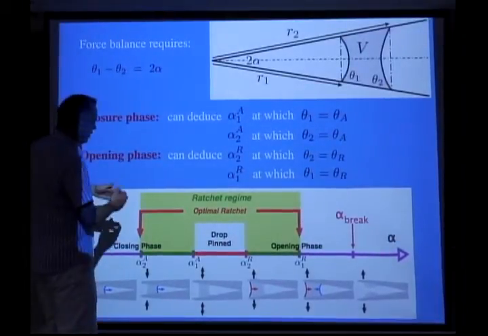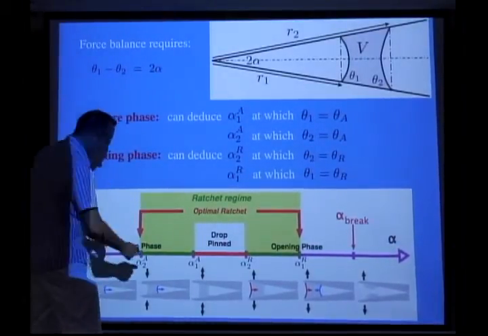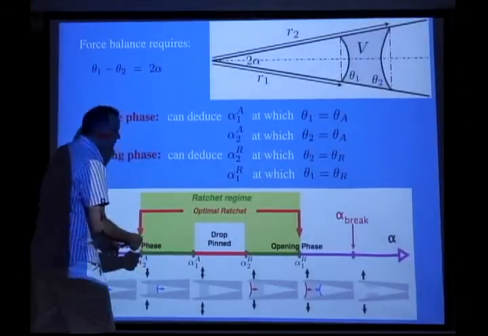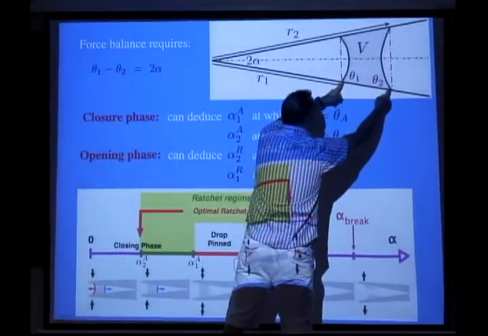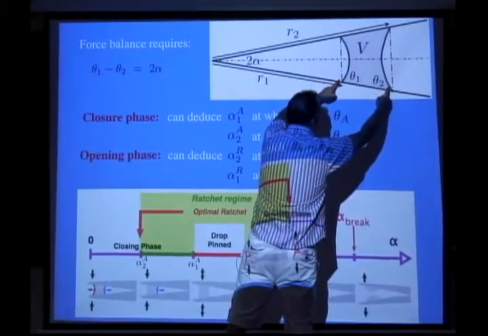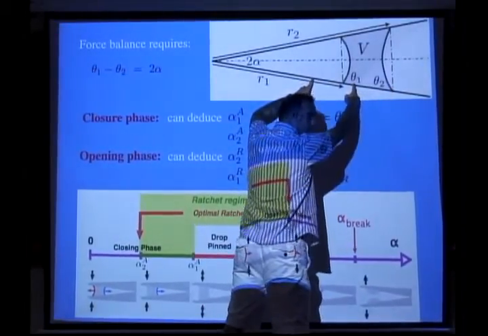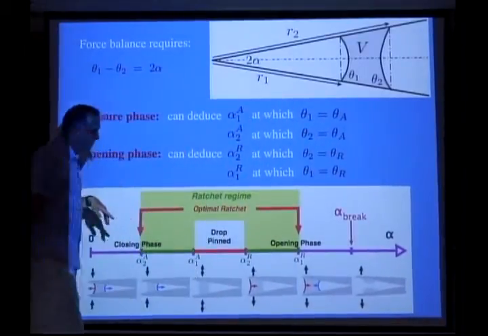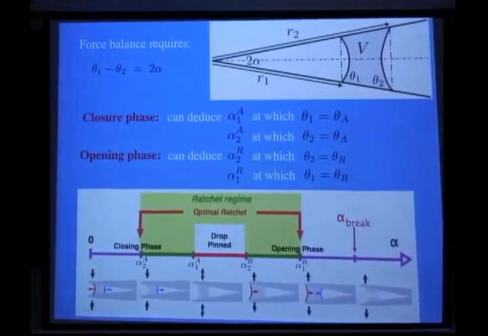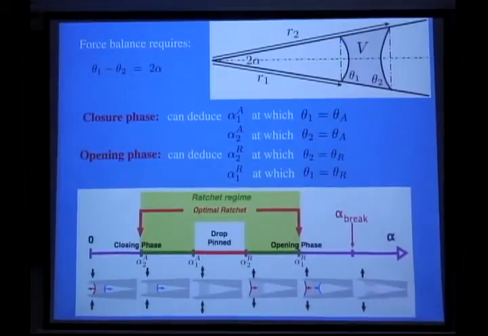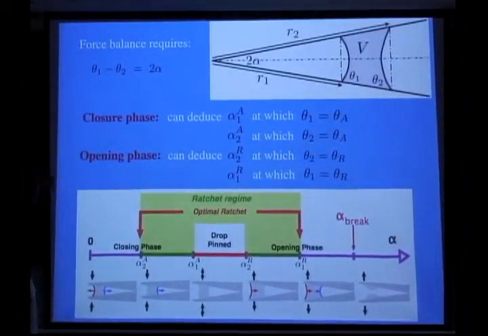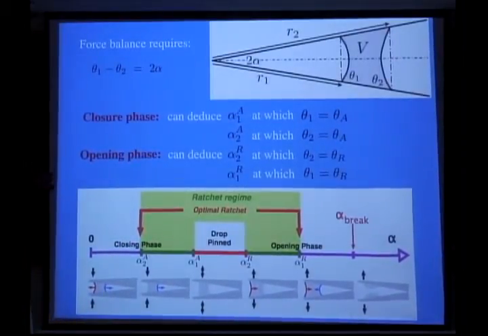In the closing phase, you want to be between these two angles so that this one will move and not that one. And then in the opening, when you open, you want this one to move and not this one. So you see this asymmetry, which is coming from the contact angle hysteresis. It's a combination of the contact angle hysteresis and this geometry.